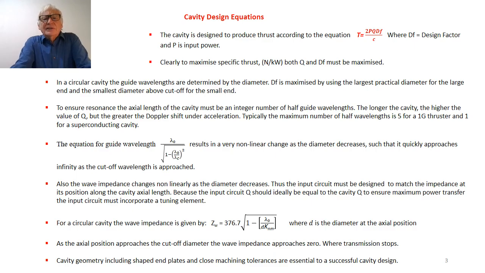This is determined essentially by the diameter of the cavity itself. dF is maximized by using the largest practical diameter for the large end and the smallest diameter which is above cutoff for the small end. Now, cutoff is an extremely important consideration, and remarkably, many commercial finite element software packages seem to completely ignore cutoff.